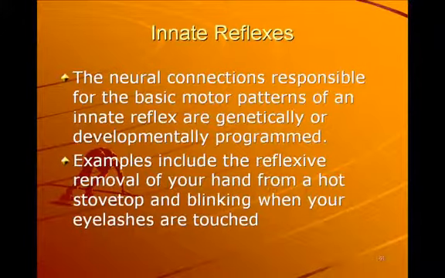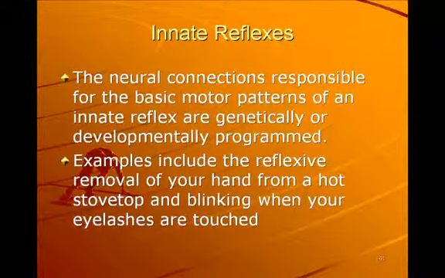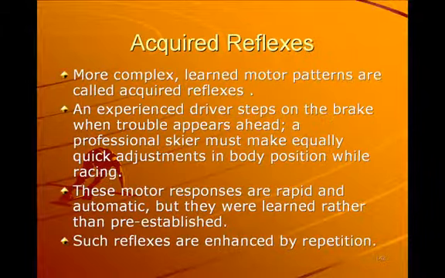The neural connection responsible for the basic motor pattern of an innate reflex is genetically predetermined or developmentally programmed. Examples include reflexes for removing the hand from a hot stove or blinking your eyes when your eyelashes are touched. Acquired, complex, learned motor patterns are called acquired reflexes.